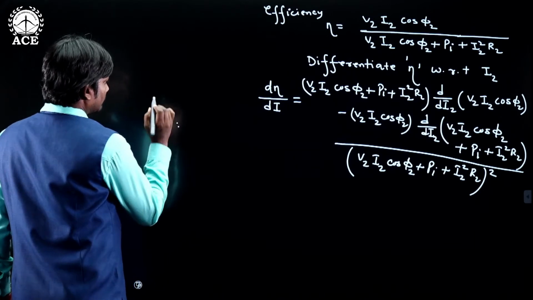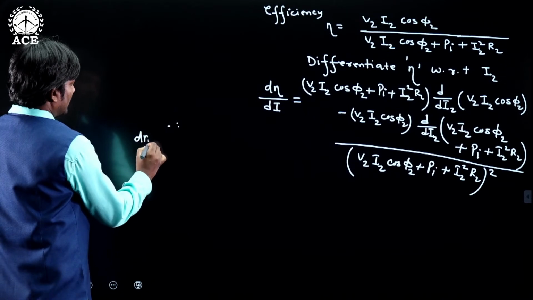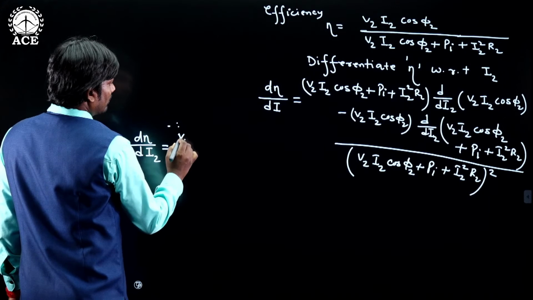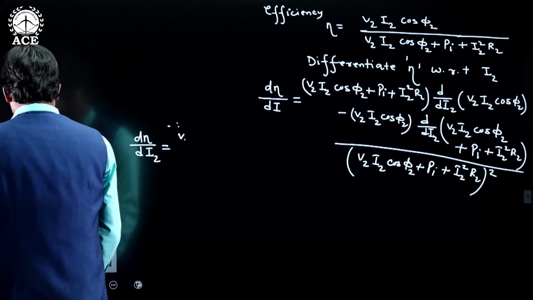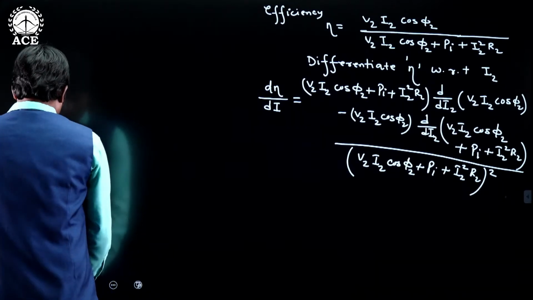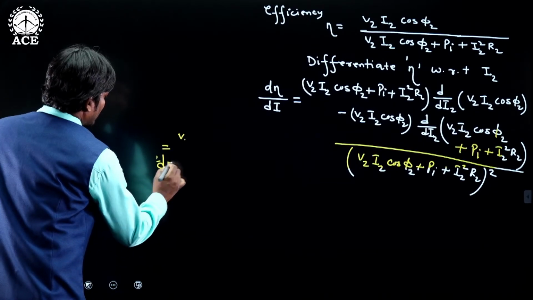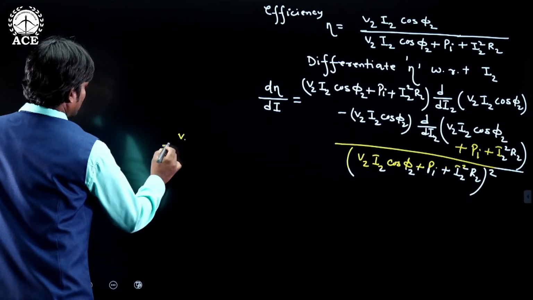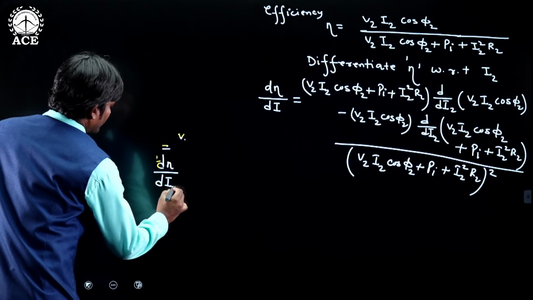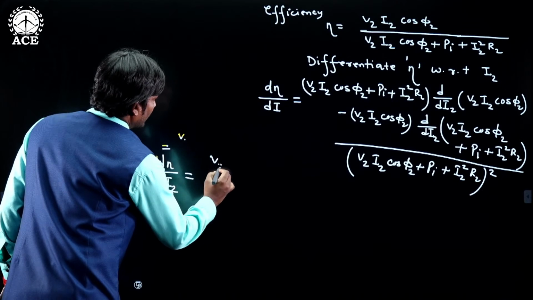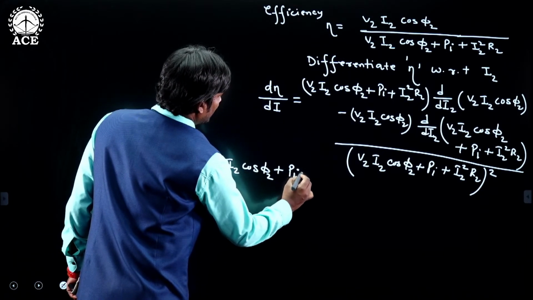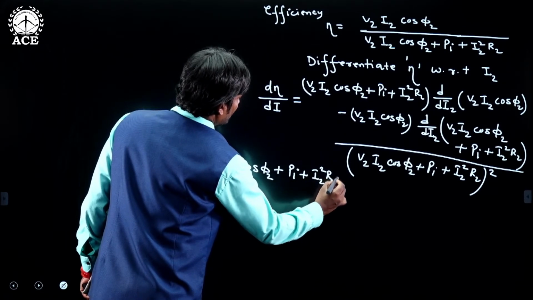Therefore d eta by d I2 is equal to: the denominator V2 I2 cos phi 2 plus Pi plus I2 squared R2 remains the same.